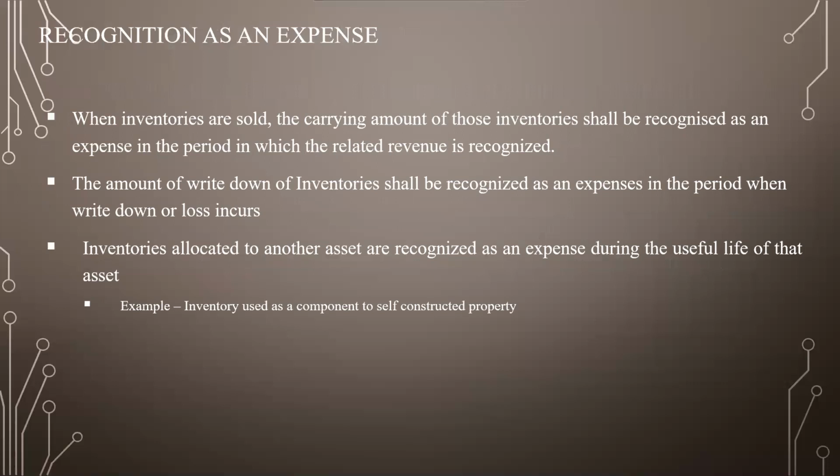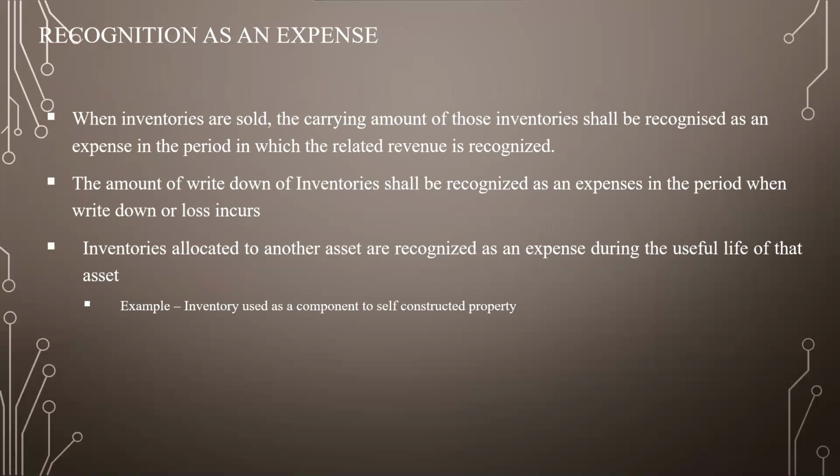Now, coming to expense recognition. All of us are aware of the matching concept. The general accounting principle talks about the matching concept, which effectively means whenever I recognize revenue, there has to be a corresponding cost. I cannot recognize revenue in one period and the expense related to that revenue in a different period.